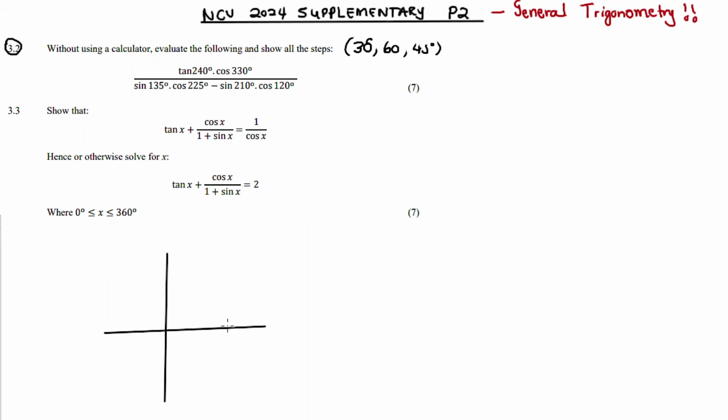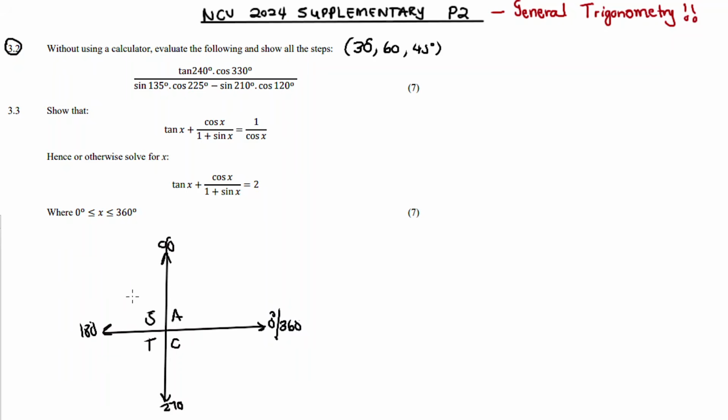Okay, so going back to the CAST rule. This is our CAST rule. Since we want to focus on the reduction formulas here, let me put the angles on the cardinal points of the Cartesian plane. So this is what we have.